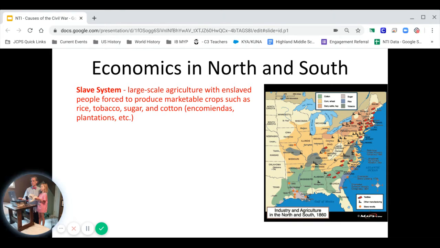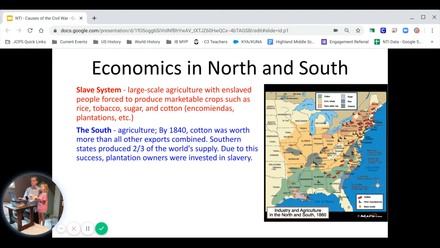We've looked at plantation systems in some of the English colonies outside of the United States, in the West Indies. Beginning of the year, we talked about Ireland a little bit. So this is a system, again, where there's large farming and people are enslaved and forced to do the work to make money for others.